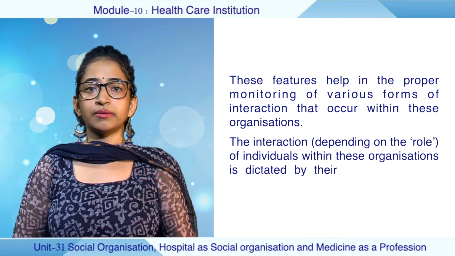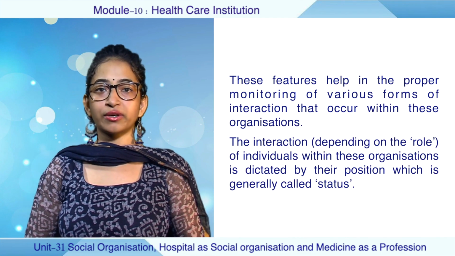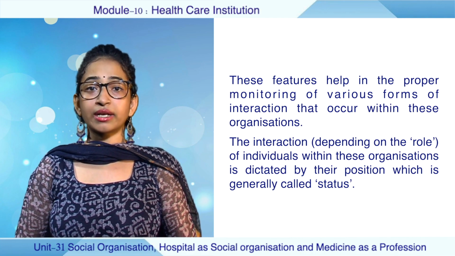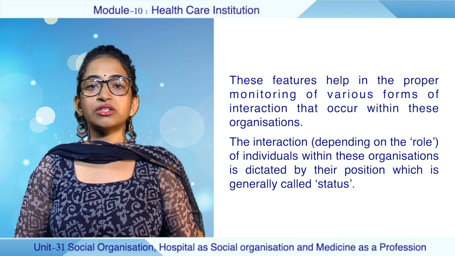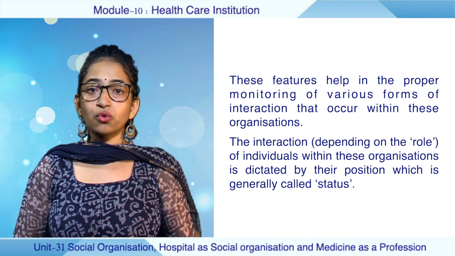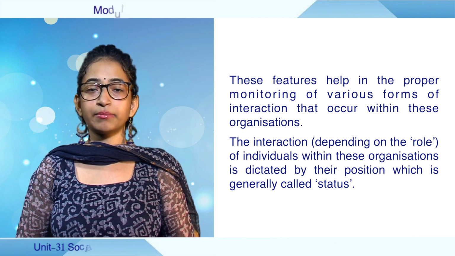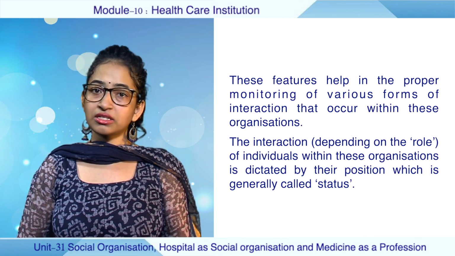These features help in the proper monitoring of various forms of interaction that occur within these organizations. The interaction, which depends on the role of the individual within the organization, is dictated by their position, and it is generally called status. To put it simply, the role of individuals in an organization is based upon the status assigned to them.